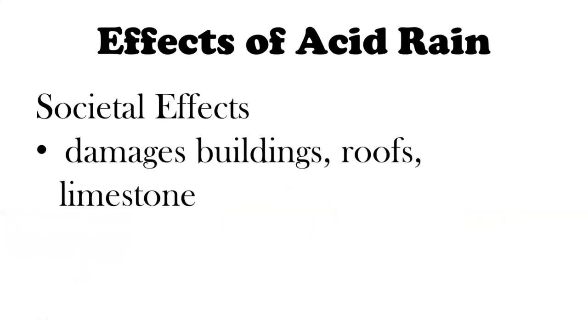So let's talk about some of the societal effects of increased acid rain deposition. We have damage to buildings, roofs, and especially things made of limestone, which is calcium carbonate. Now, any carbonate is a weak to moderate base. So what happens when acid rain hits limestone is you have a neutralization reaction, and this can dissolve any structures that are created using limestone.